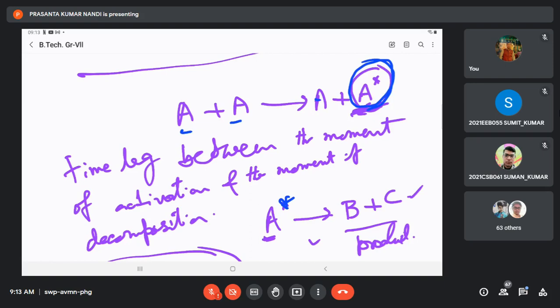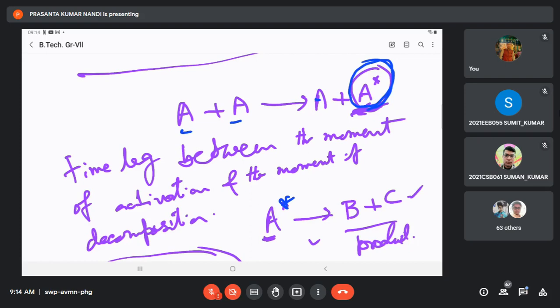This is very important. Another thing is that once a molecule is activated, it requires a certain time for decomposition, because it needs to cross an energy barrier for a reaction.